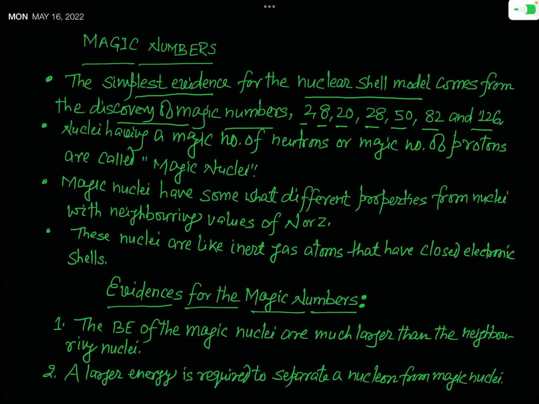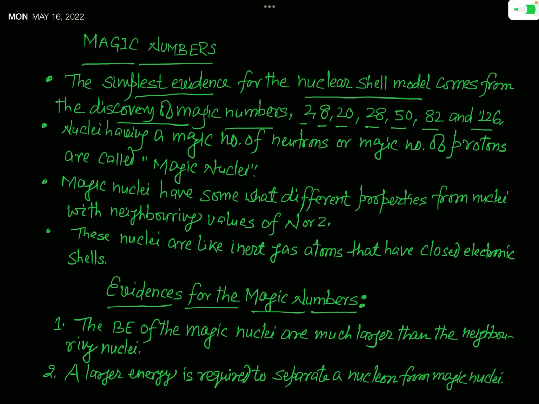Any nucleus which has a number of protons, or a number of neutrons, equal to 2, 8, 20, 28, 50, 82 or 126 is called a magic number nucleus, or simply a magic nucleus. Why is it called a magic nucleus?